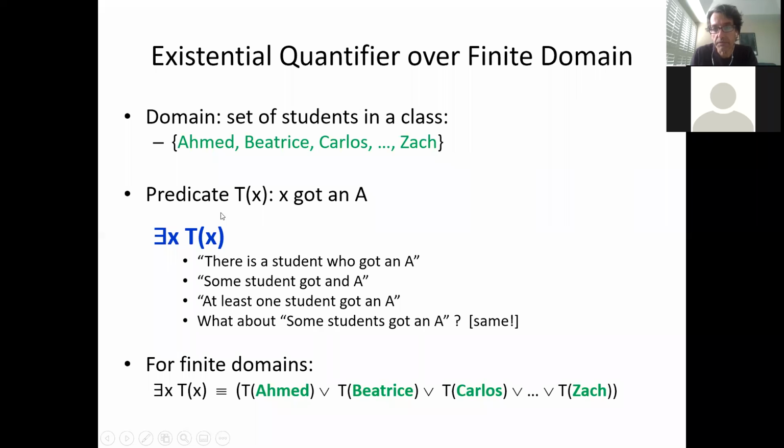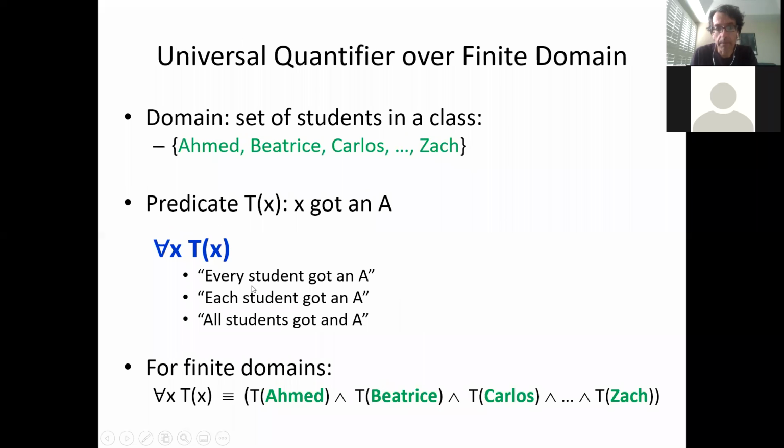It says at least one. And conversely, a universal quantifier for a finite or enumerable domain says that T holds for all of these, so it could be expressed as a conjunction, right?